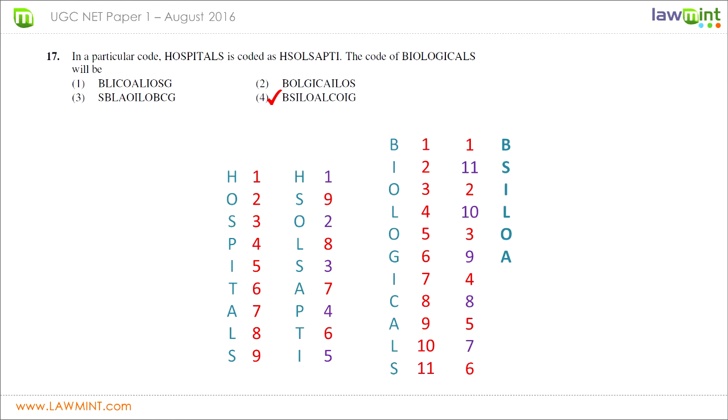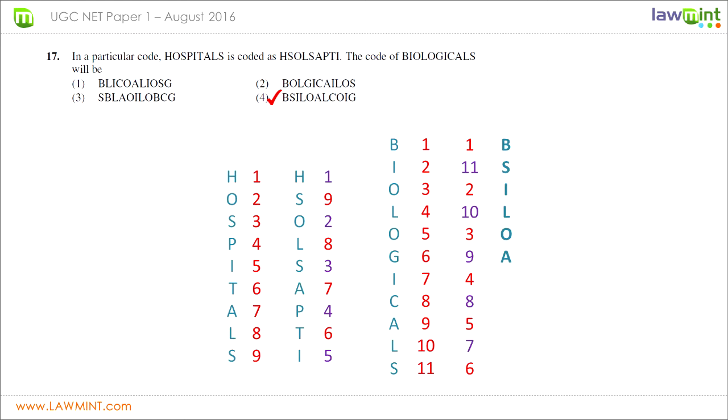It is 1, then there is a gap, then there is 2, then there is a gap, then there is 3, 4, gap, 5. And then the rest of the alphabets are written in the reverse order. There is 6, then 7, 8 and 9, which is plugged into the gaps between the alphabets which were written earlier.